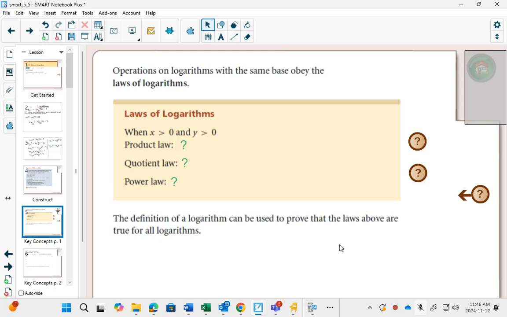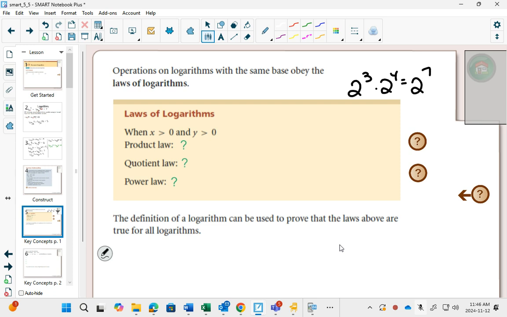Just like there are exponent laws, for every exponent law, there is a corresponding law for logarithms. So for example, do you remember a product law for exponents? If you multiplied and had the same base, what did you do to the exponents?